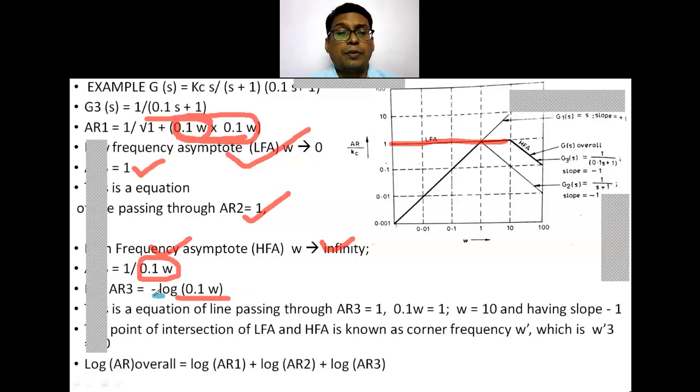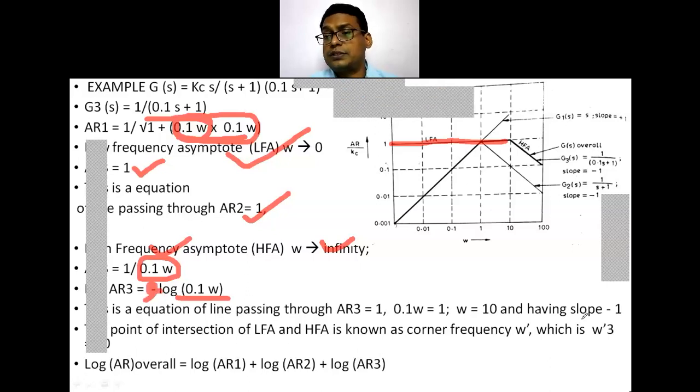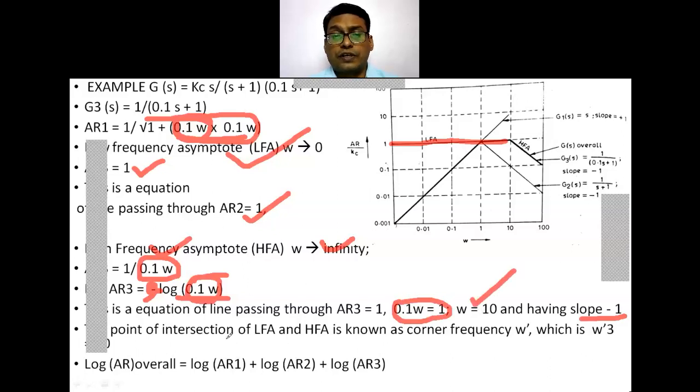So the slope is minus 1. Then 0.1 omega is equal to 1, to calculate the corner frequency. So omega comes as 10. So the corner frequency is 10. W3 corner frequency is 10.